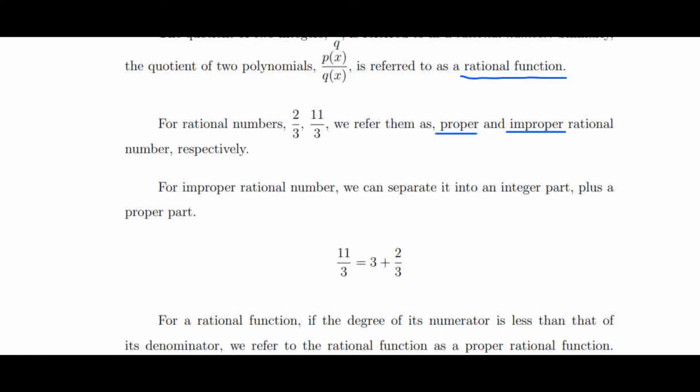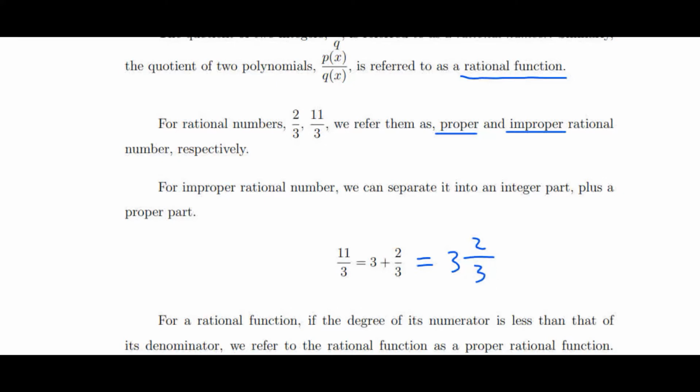Okay. So for improper rational number, like 11 over 3, we can write this as 3 plus 2 over 3. And sometimes we put them together as 3 and 2 over 3, right?